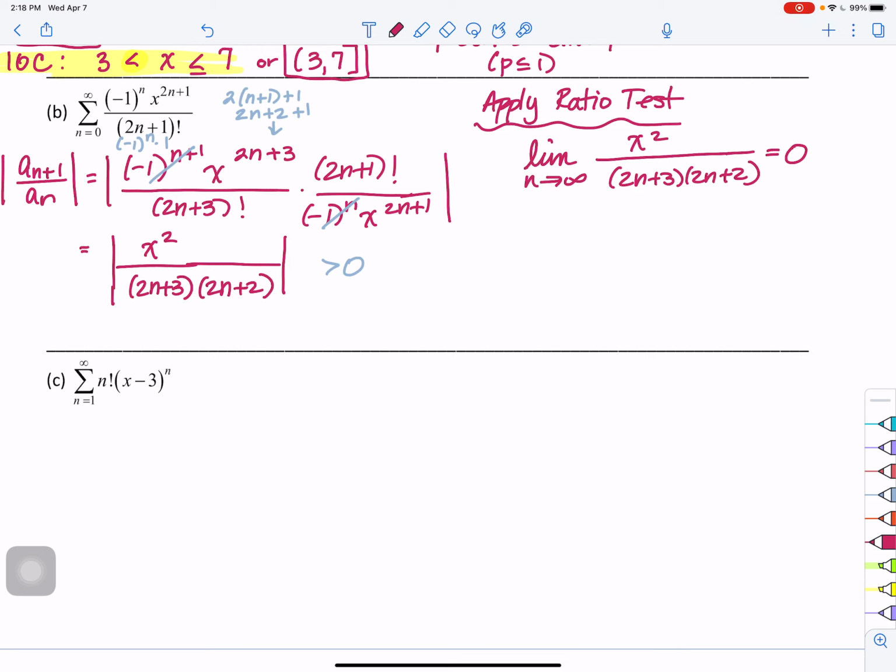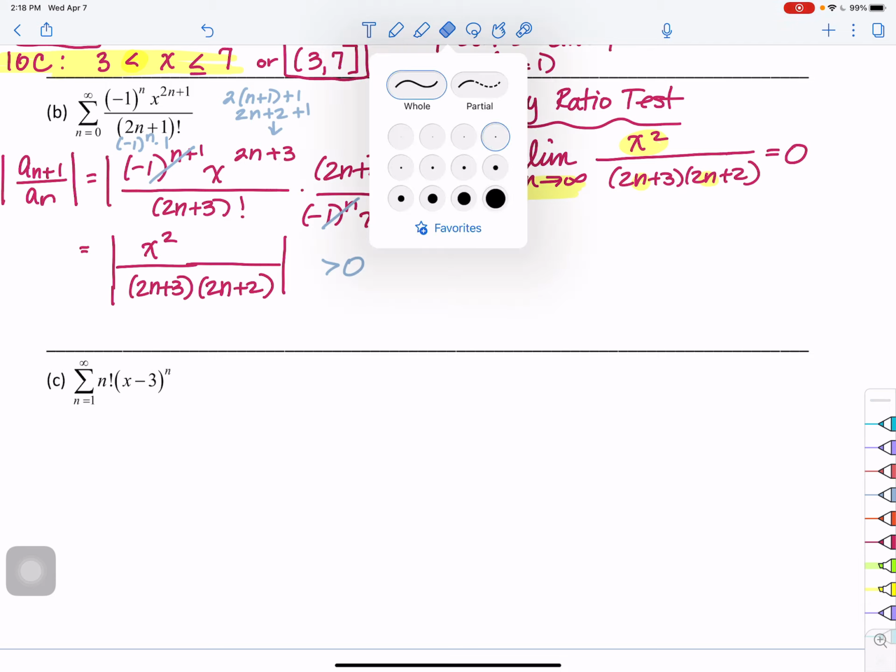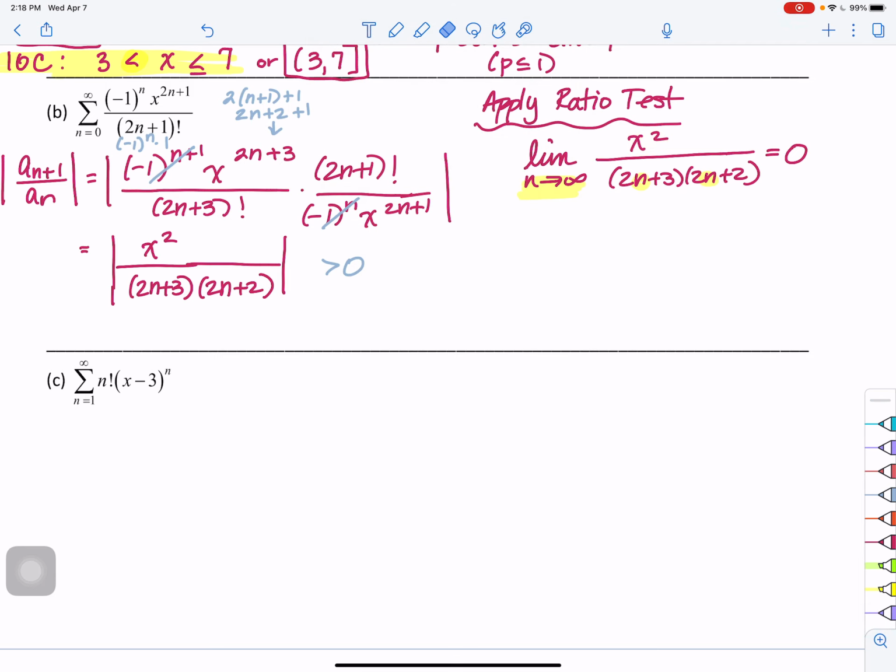Be careful, because this x squared is not part of what n is approaching. N is approaching infinity, not x. So maybe I can get this. Let me try to just get that highlight off of that. There you go. So it's just n that's approaching infinity. So that is equal to 0.